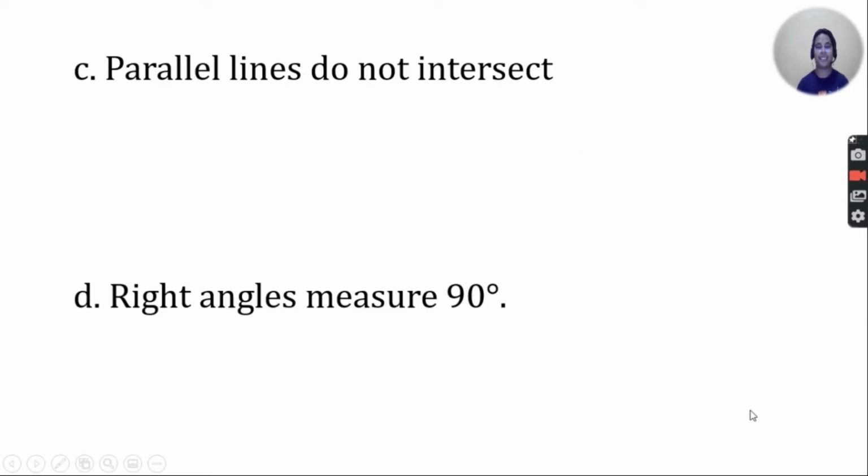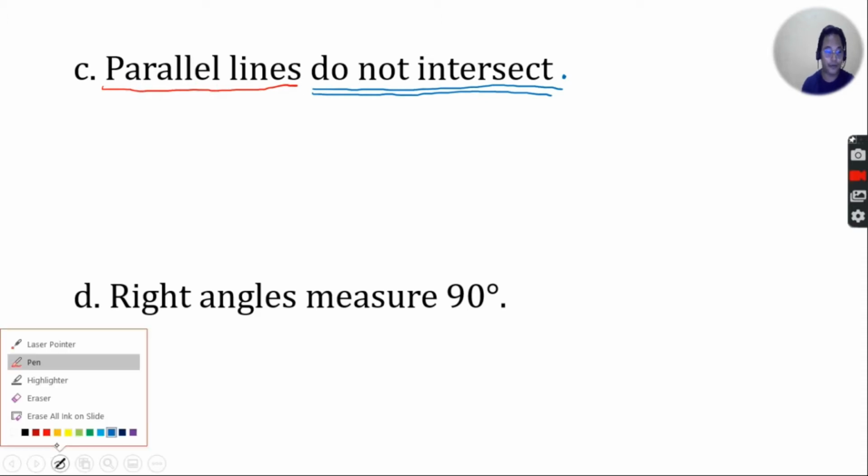So, parallel lines do not intersect. So, we have our subject, parallel lines. And ano ngayon yung ating maging if part ng ating conditional statement? So, from this phrase, parallel lines. So, how will we make this as a statement or a sentence?